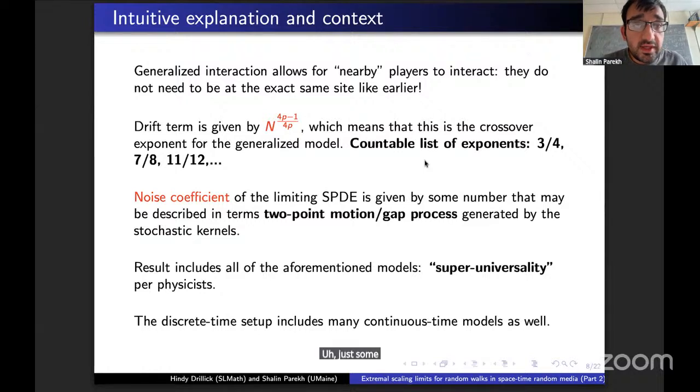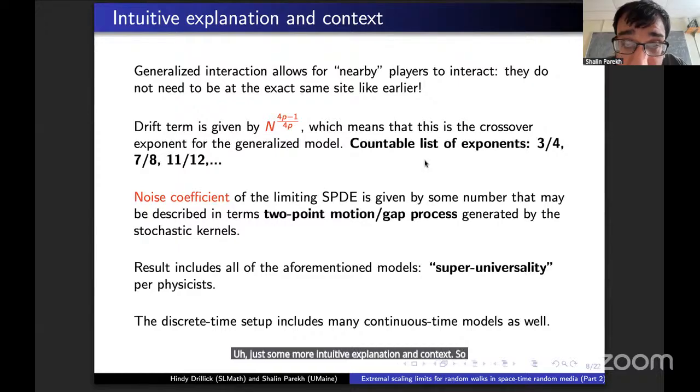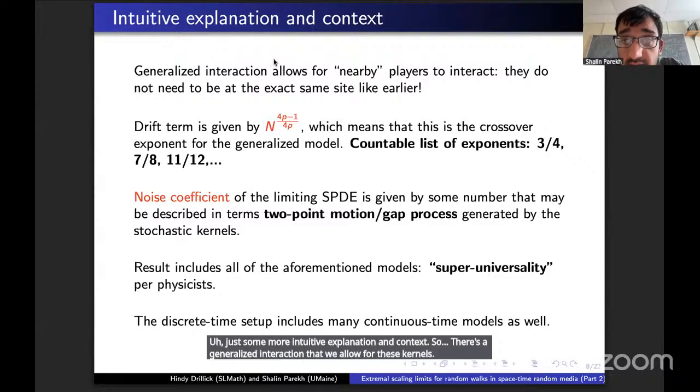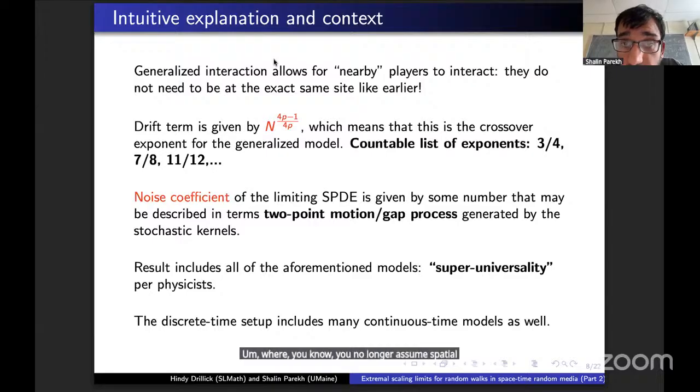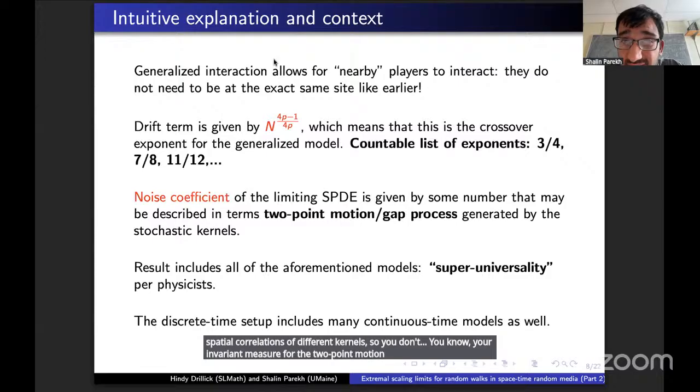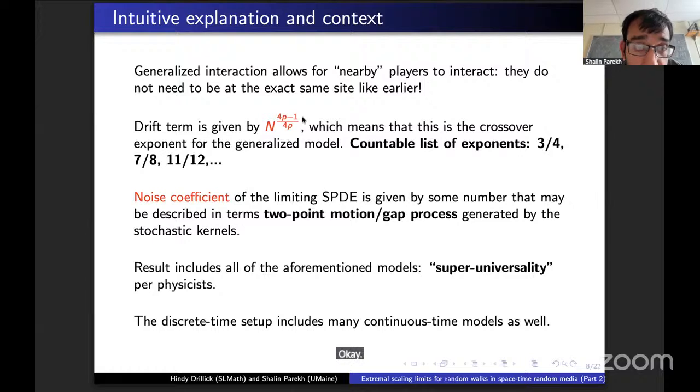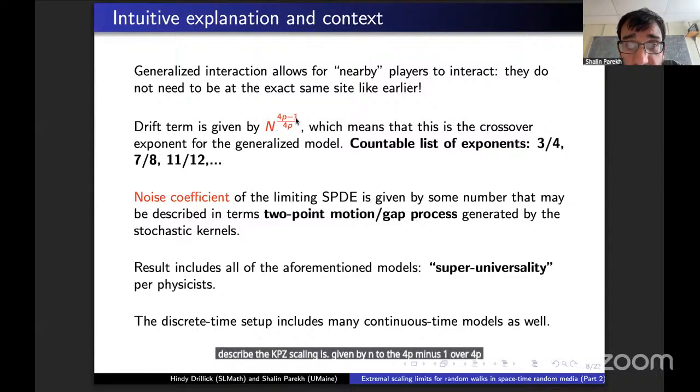Now, some more intuitive explanation and context. There's a generalized interaction that we allow for these kernels, where you no longer assume spatial independence. So our model allows spatial correlations of different kernels. Your invariant measure for the 2-point motion is not necessarily just having extra mass at the origin, but it can have extra mass at other lattice points near the origin. And now the drift term to describe the KPZ scaling is given by n to the (4p minus 1) over 4p. So when p equals 1, you do get the n to the 3/4.